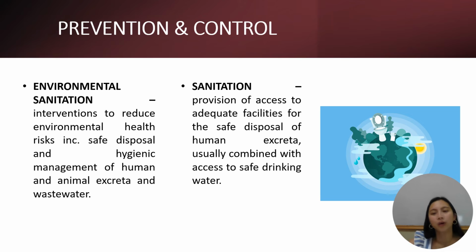Also, one of the most important prevention and control measures is environmental sanitation. So it involves interventions to reduce environmental health risk, including the safe disposal and hygienic management of human and animal excreta, refuse, and wastewater. It also involves the control of vectors, intermediate hosts, and reservoirs of disease. It also covers the provision of safe drinking water, which is very important, and the handling of food for food safety.